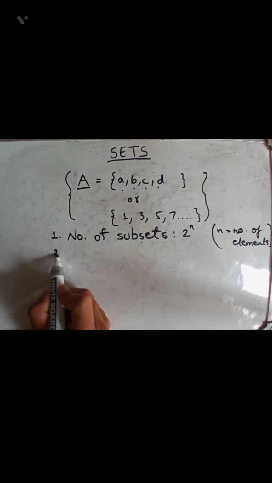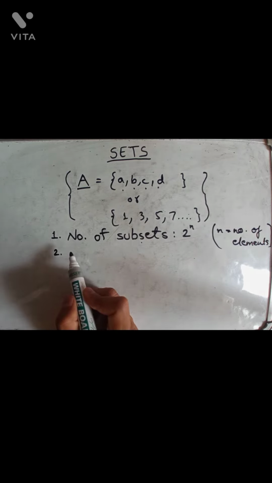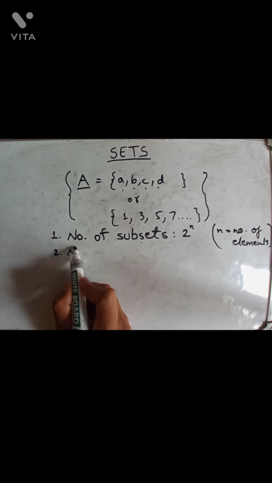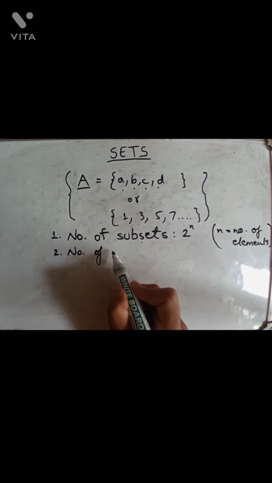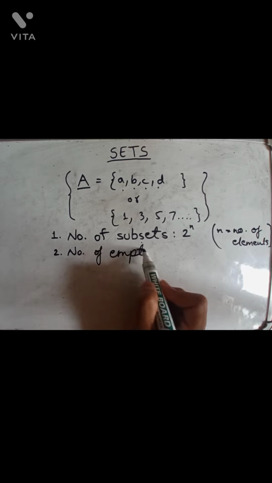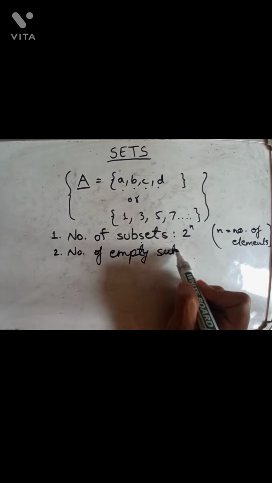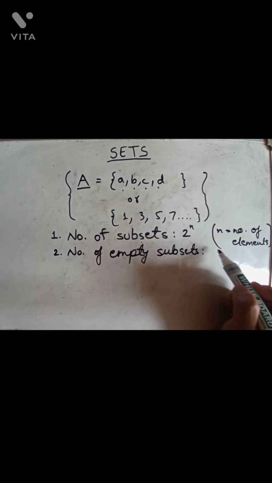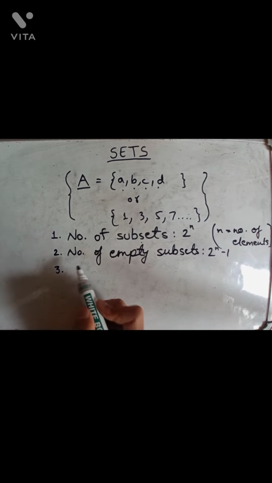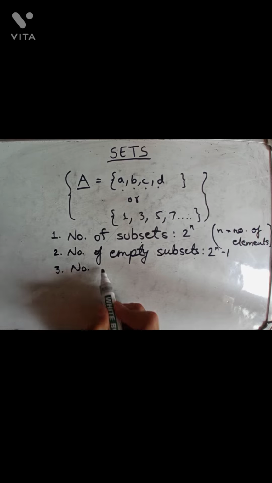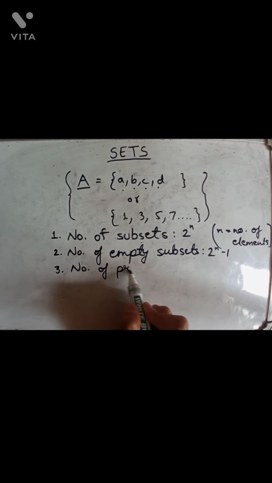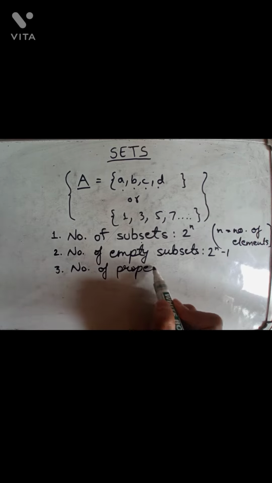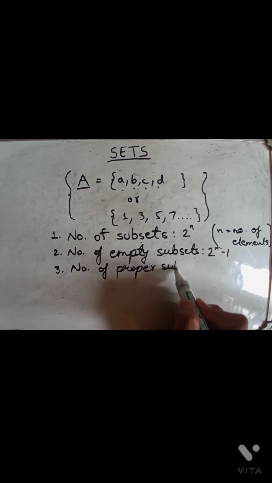The next thing is the number of empty subsets. That is equal to 2 to the power n minus 1. The third thing is the number of proper subsets.